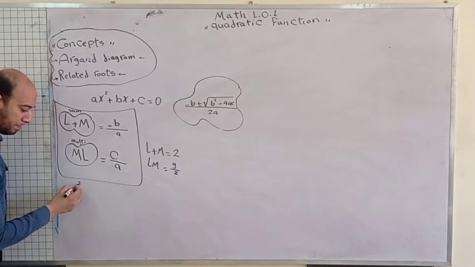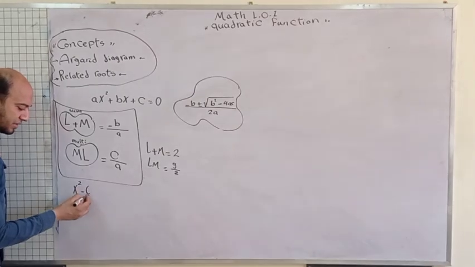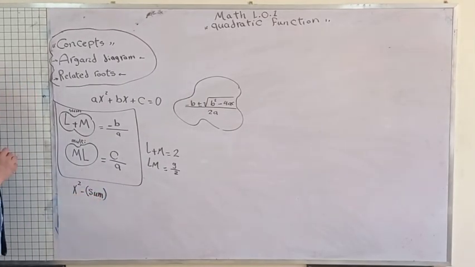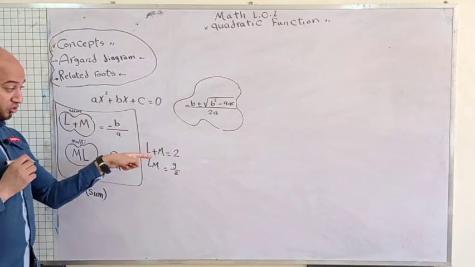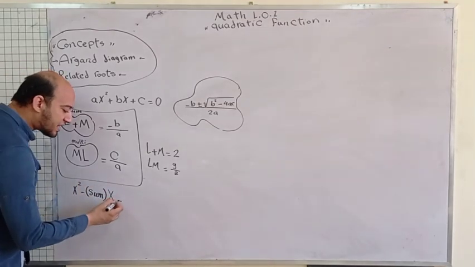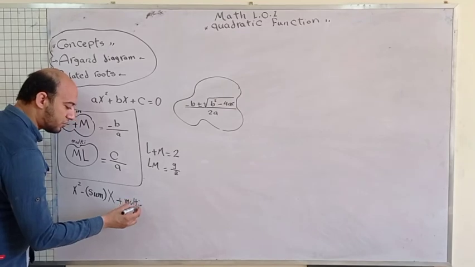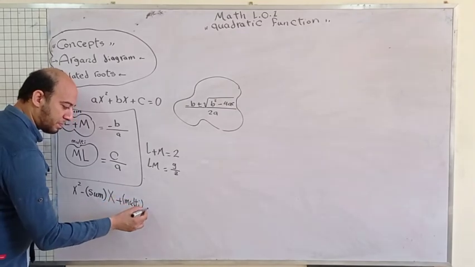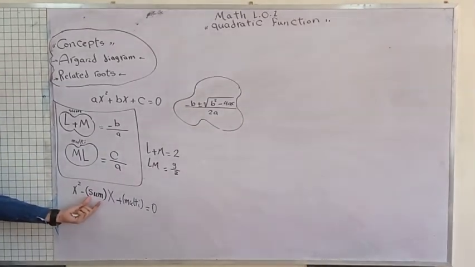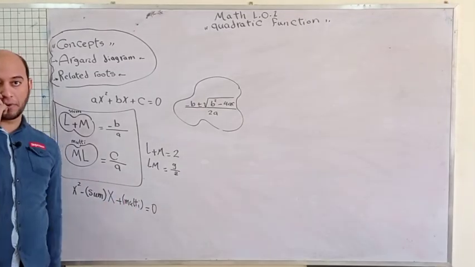X squared minus the sum of two roots, which is L plus M, times x, plus the multiplication of two roots, equals 0. This will be the coefficient of x, and this will be the constant.